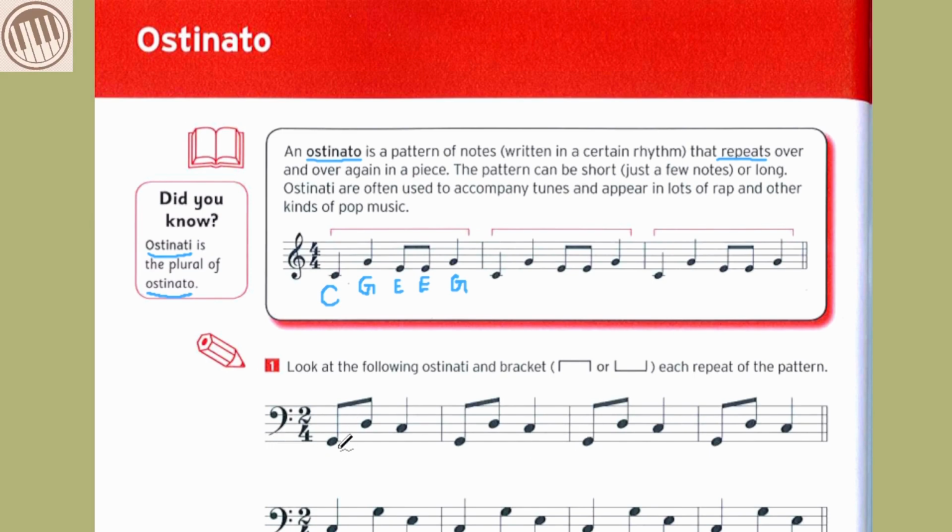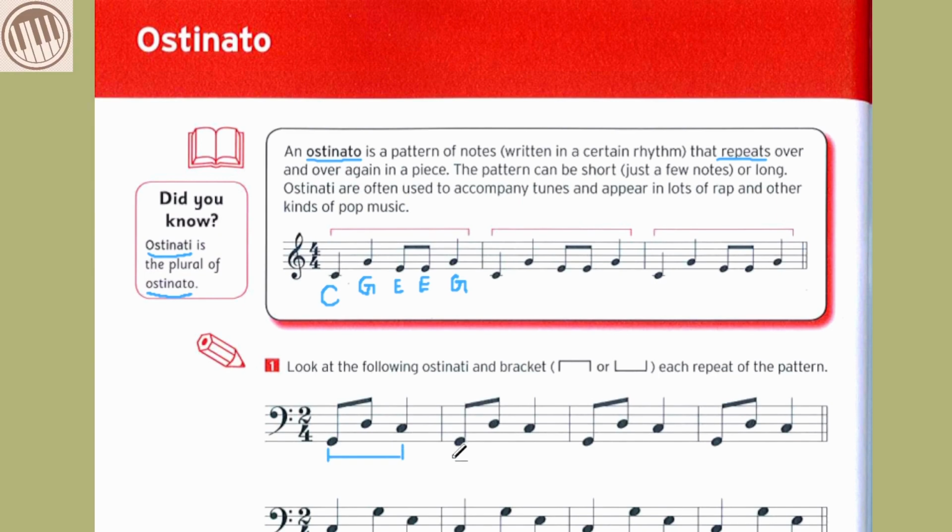I have a G, D and a C in my first bar, and in the second bar also I have a G, D and a C, and you can see it's repeated every bar. So all I have to do is bracket this and show the ostinati separately.